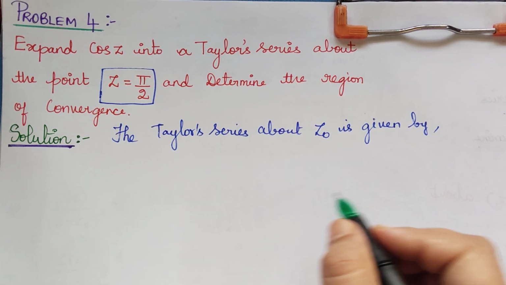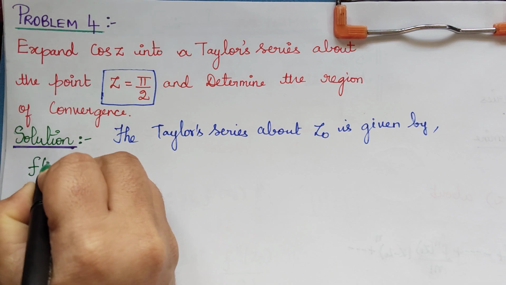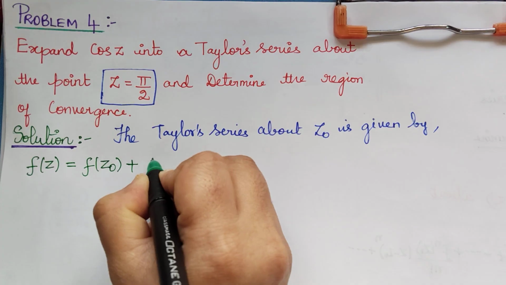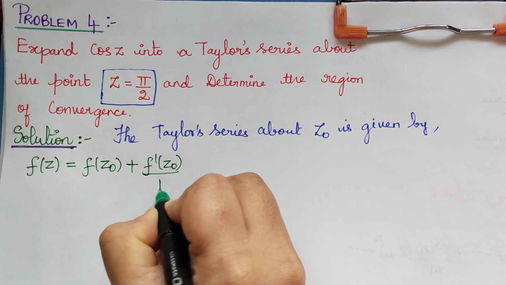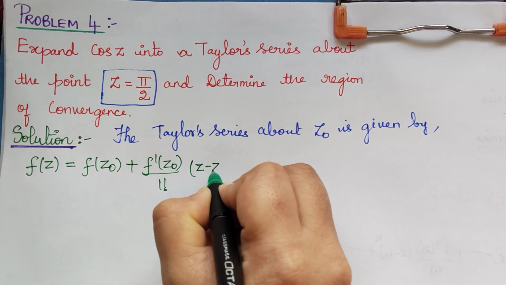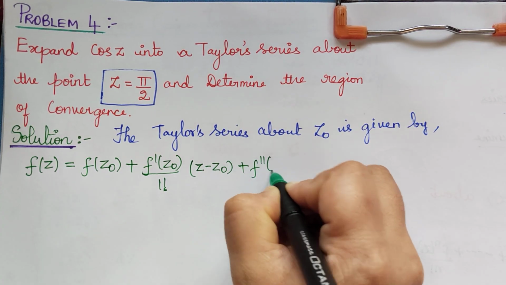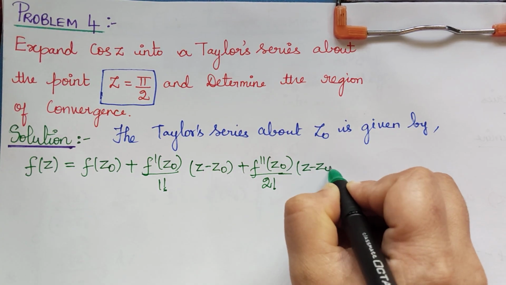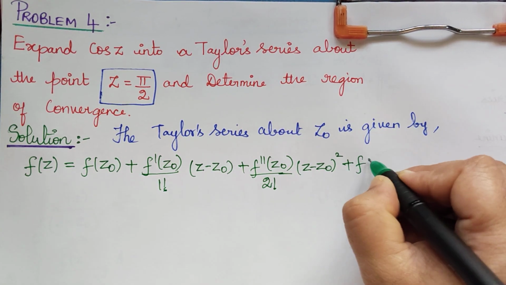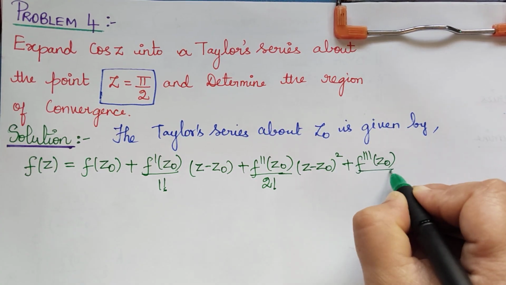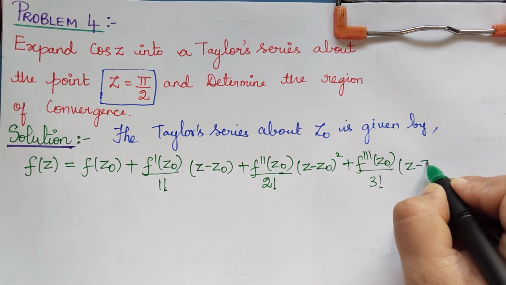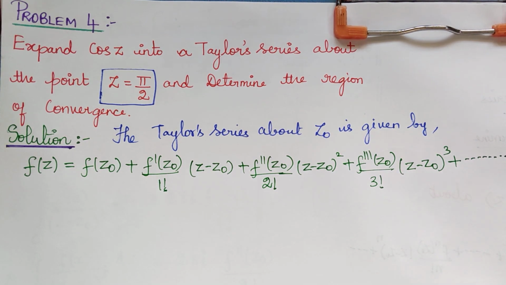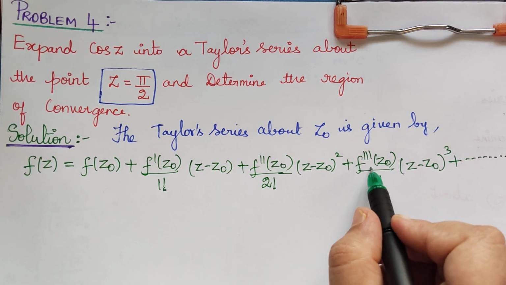So the Taylor series about the point z0 is given by f of z equal to f of z0 plus f dash of z0 by 1 factorial multiplied with z minus z0 plus f double dash of z0 by 2 factorial multiplied with z minus z0 the whole square plus f triple dash of z0 by 3 factorial multiplied with z minus z0 the whole cube, and the series keeps on going like this. Now we shall find each of these terms and substitute over here.